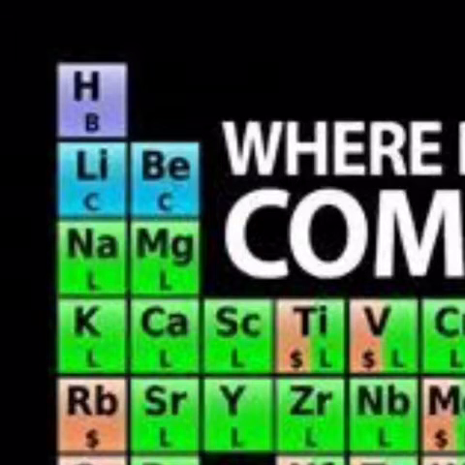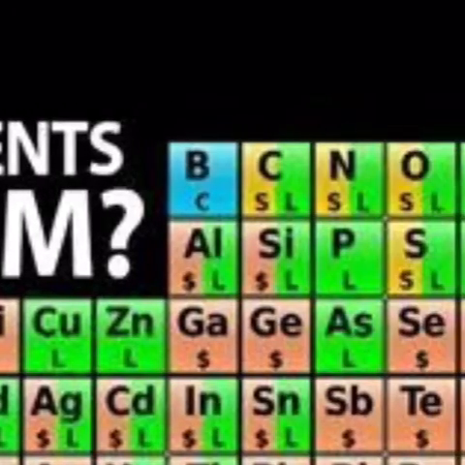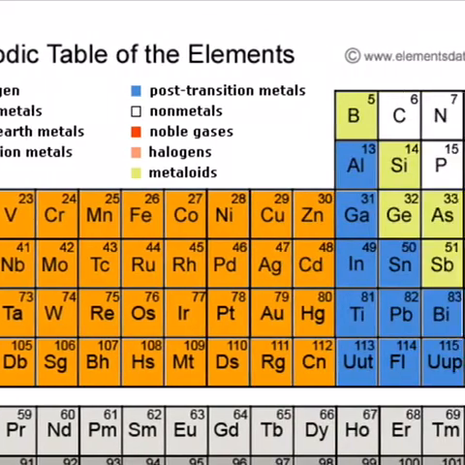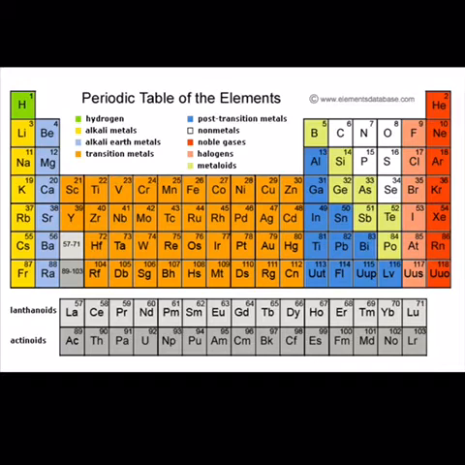And thanks to these nuclear fusion reactions that are taking place in stars, we begin to fill out the periodic table. Lithium, beryllium, boron, nitrogen, oxygen. All of these elements are the products of nuclear fusion that took place in stars. The fusing of the different nuclei of atoms forming larger and larger atoms.